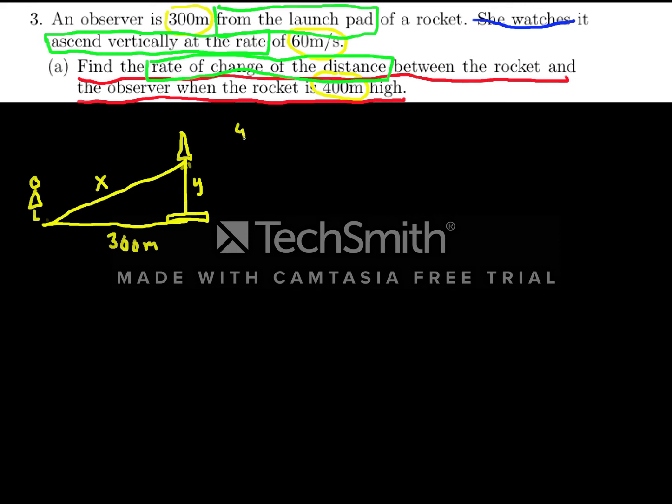Let's write it down. y is the height of the rocket, and x is the distance from the observer to the rocket. So we know exactly what our variables are.